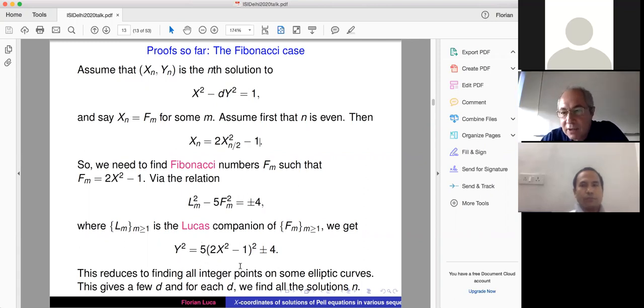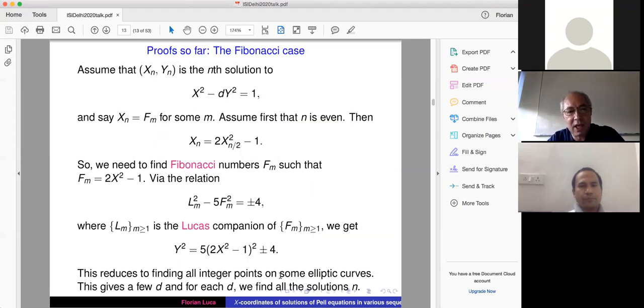And there are ways of computing these integer solutions, in the case of polynomials of small degree, by relating them to integer points on elliptic curves, and there are programs that do that, like Magma and so on. So you find those integer points, then you go back and check which one of them was a Fibonacci number, and you check for the values of d that would come up from some integer point and gives a few d. So we find all the solutions n in this way.